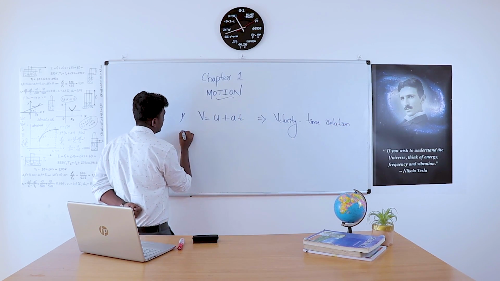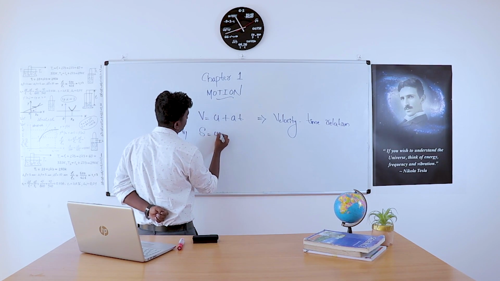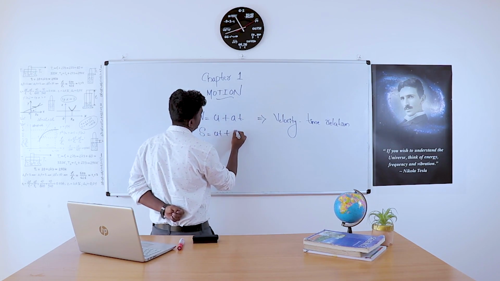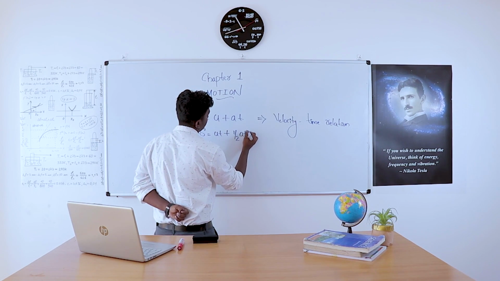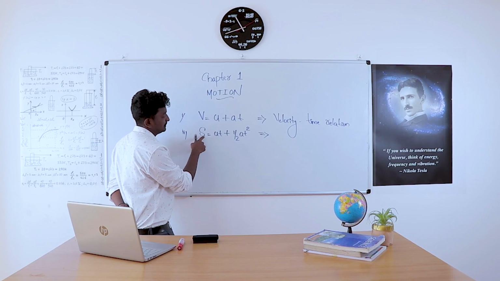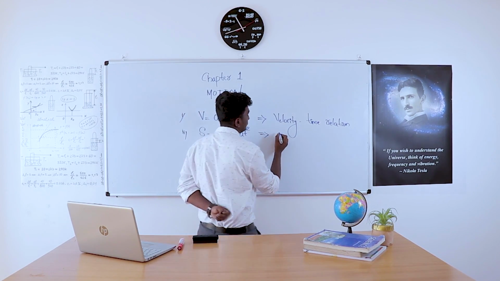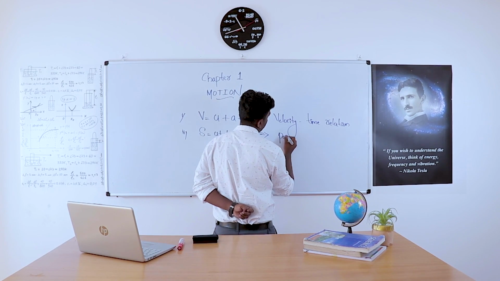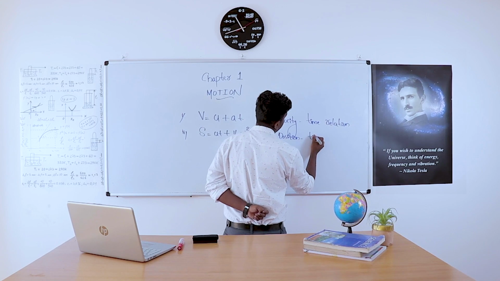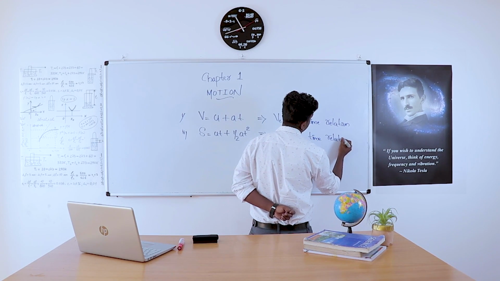And the second equation of motion is S is equal to ut plus half at square, where S is the displacement, U is the initial velocity, and T is the time. This is called the position time relation.